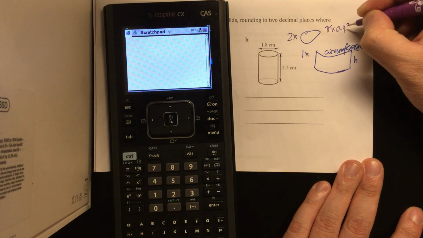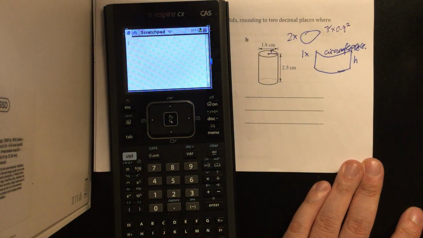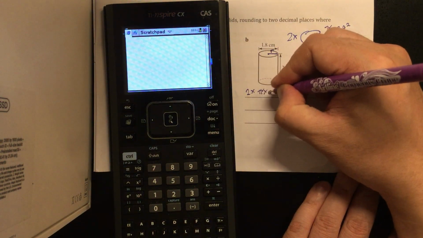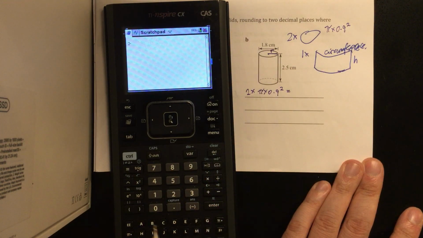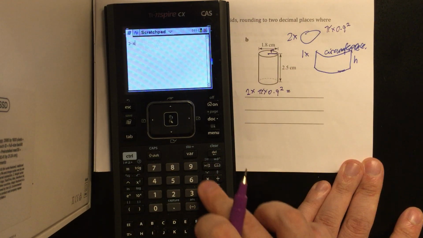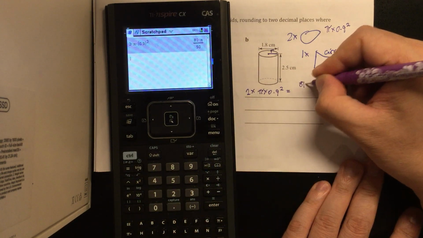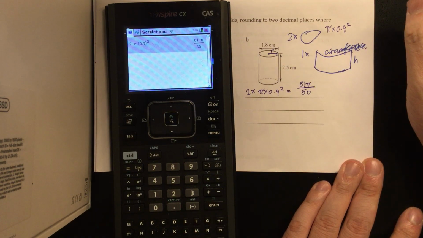Now, why is it 0.9 squared? The radius is half of that. So 2 times pi times 0.9 squared. It equals 2 times 0.9 squared, so we've got 81 pi over 50. Let's just leave it as it is.